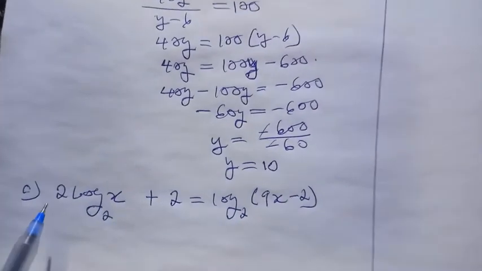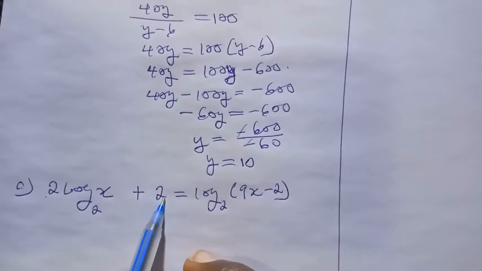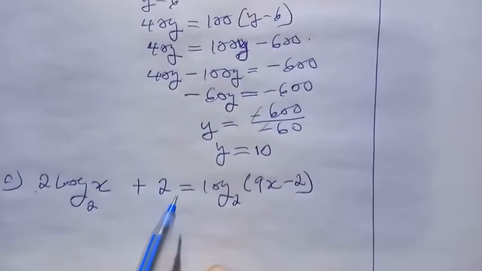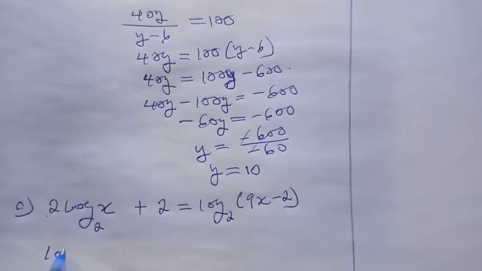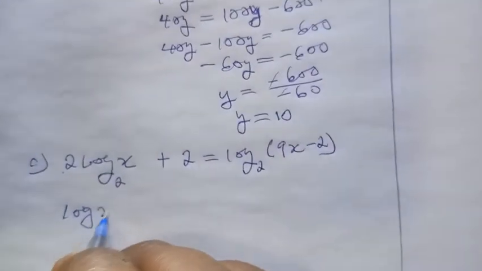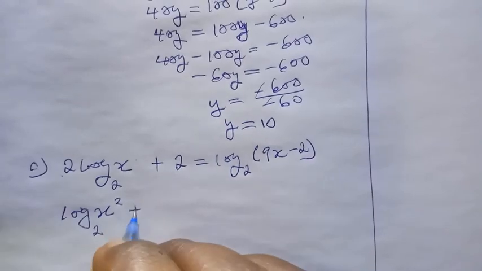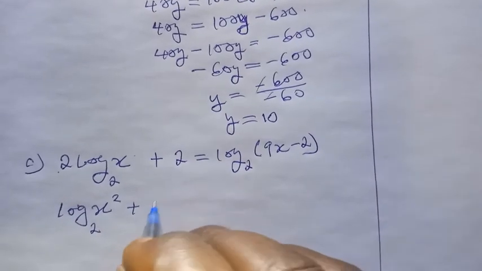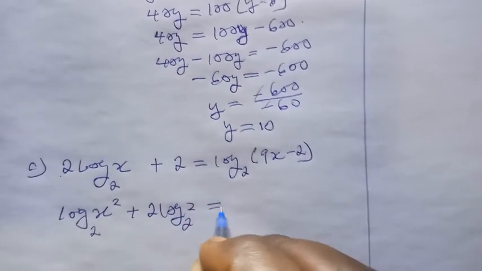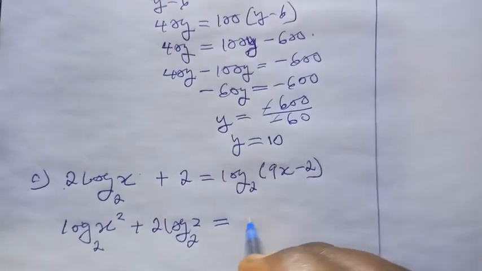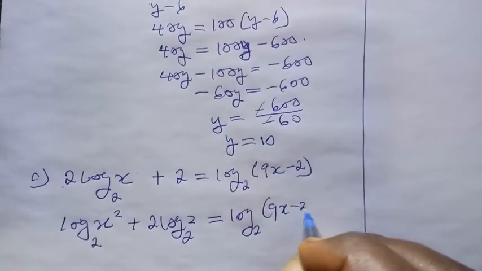All I need to do, this 2 will come here as a power, it will sit here as a power, and then I will introduce a log of base 2 here. Remember, log of base 2. And so now this is going to be log x squared base 2. This 2 can sit up here, plus I'll introduce a log of base 2, 2 log 2 base 2. Now equal to, okay, this is still 9x minus 2. The same thing here.